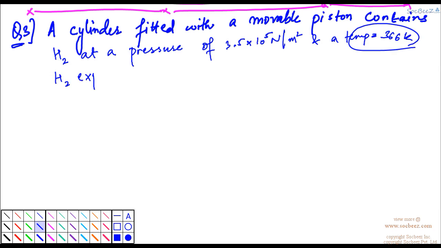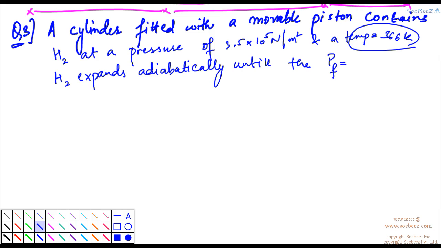H2 expands adiabatically until the pressure falls to 0.7 into 10 raised to power 5 Newton per meter square. So basically the gas is expanding adiabatically at the expense of its internal energy to attain a final pressure of 0.7 into 10 raised to power 5 Newton per meter square.